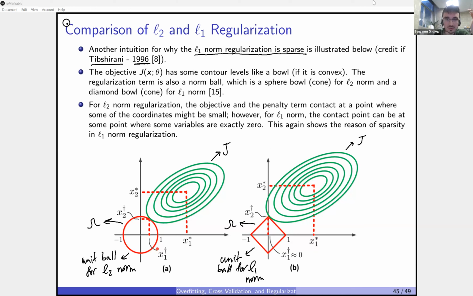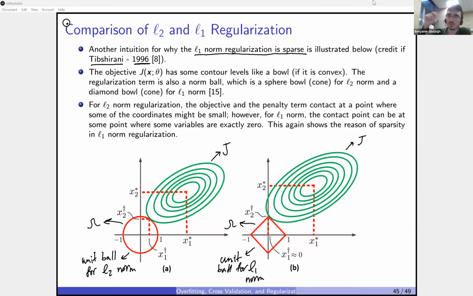However, L2 norm is like a sphere, a hypersphere. By the way, when I say sphere, in mathematics, a sphere is just a ball without its interior. But in better language, I should say it's like a ball, because a ball in mathematics is a sphere plus its interior. So there is a difference between a ball and a sphere in mathematics. So this is like a ball, but L1 norm is like a diamond.